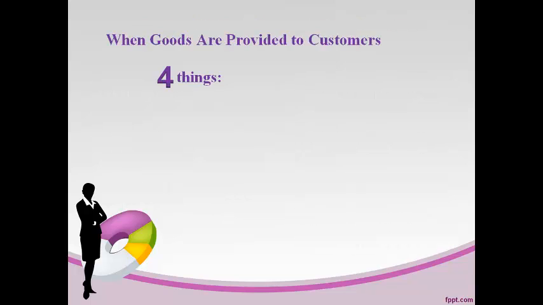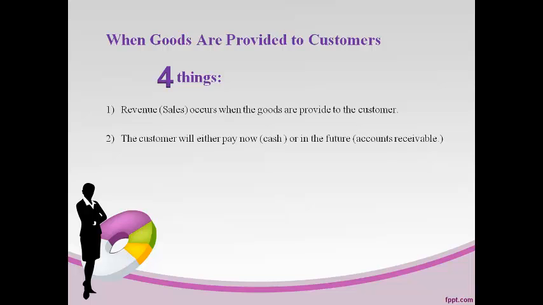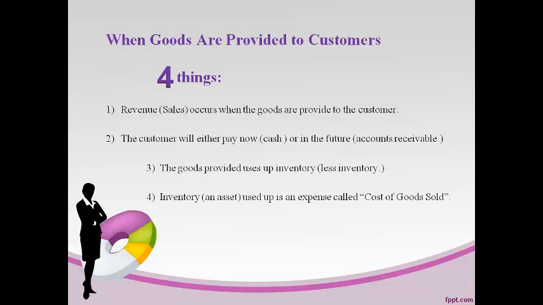Providing goods to customers is a four-part transaction. First, the goods are provided to the customer and sales revenue is recognized. The customer either pays now or in the future, and cash or accounts receivable is reported. The second part of the transaction is that the asset inventory is provided to customers.